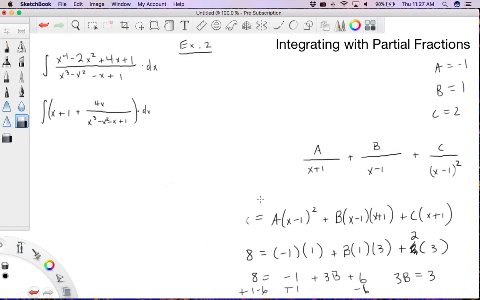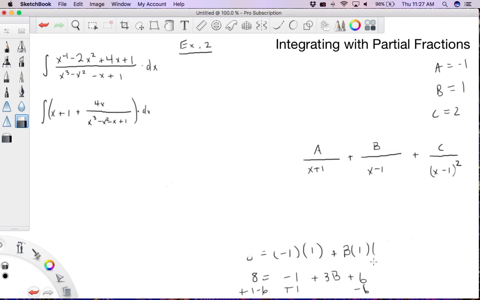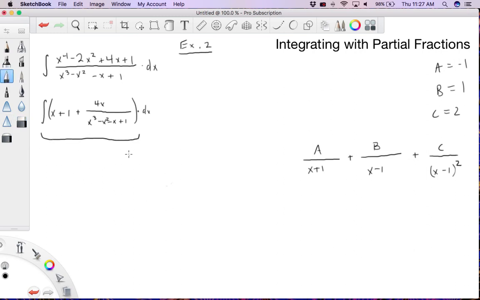Okay, so that wasn't too hard. So now we're going to come back up here to our integral, which is already pretty complicated, and we're going to rewrite it. This x plus 1 stays the same. And remember, this 4x over the x cubed, we just broke it down into 3 easier fractions: a over x plus 1, b over x minus 1, c over x minus 1 squared.